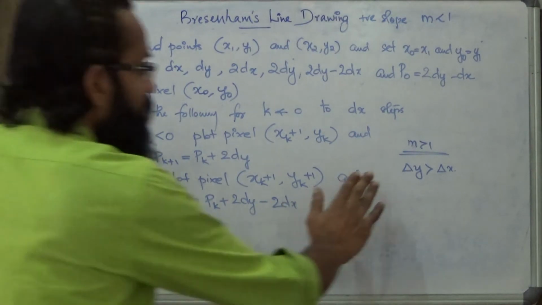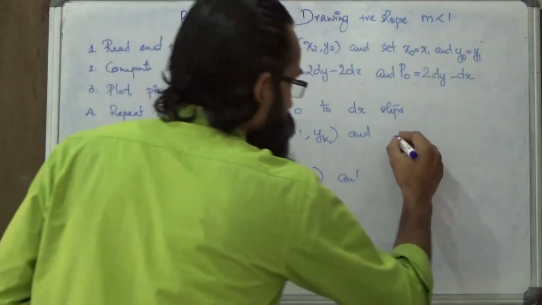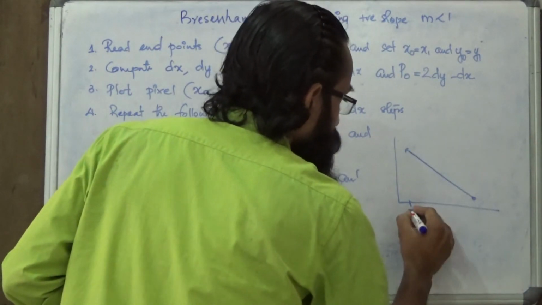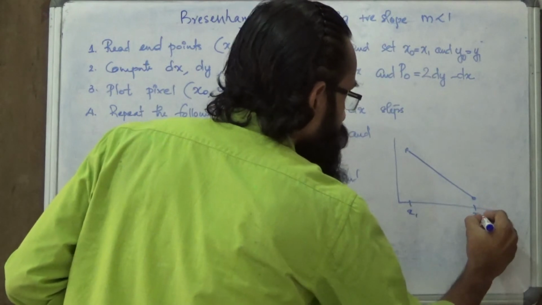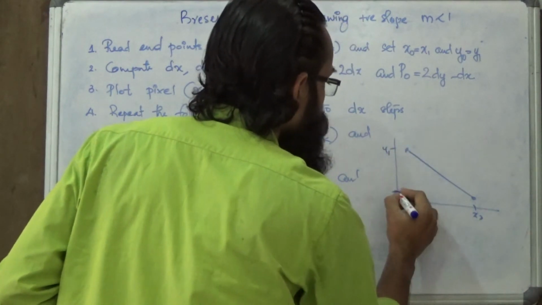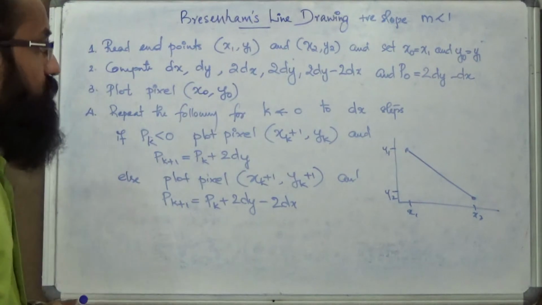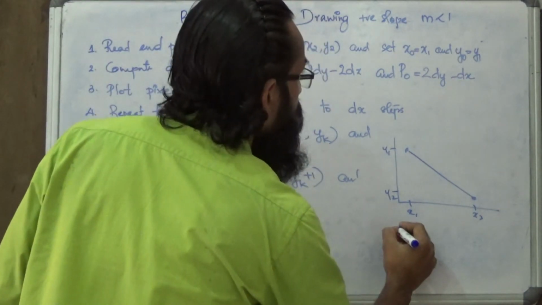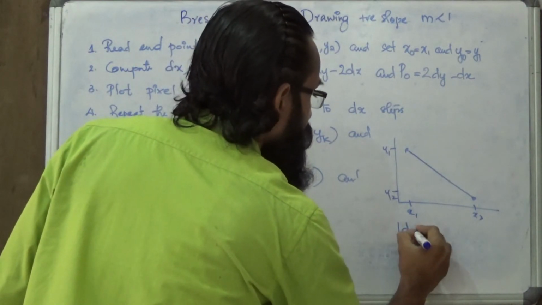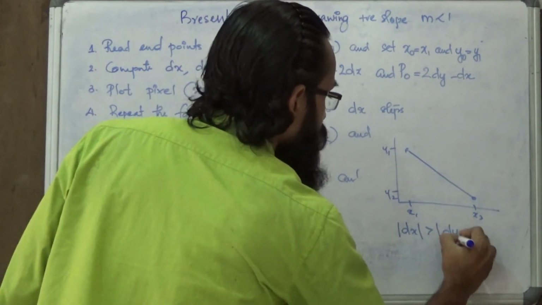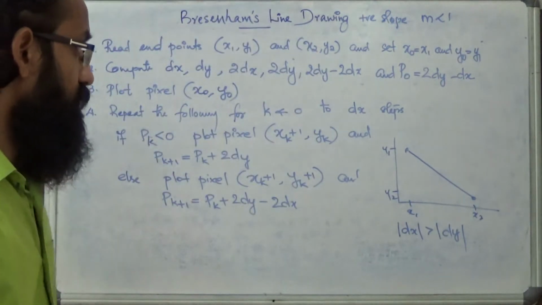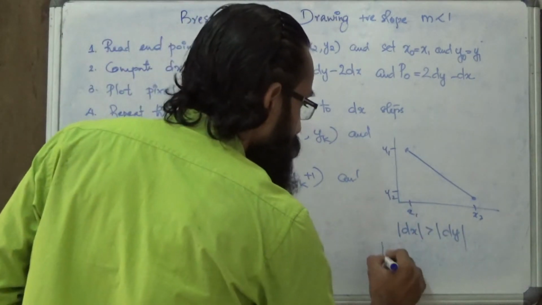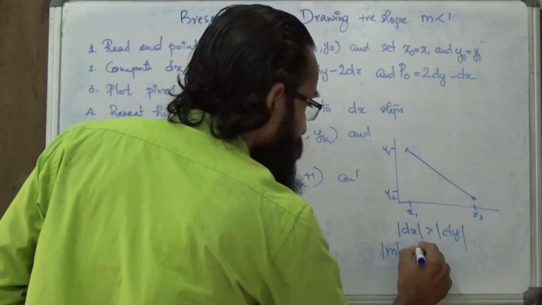Then what happens for a line with negative slope? Consider a line with negative slope, where this is x1, this is x2, this is y1, and this is y2. Take a line with negative slope and modulus of dx greater than modulus of dy, or you can say a line with negative slope with modulus of m less than 1.